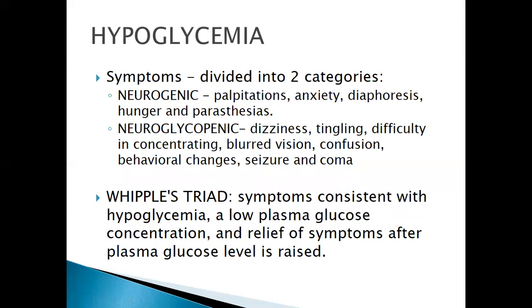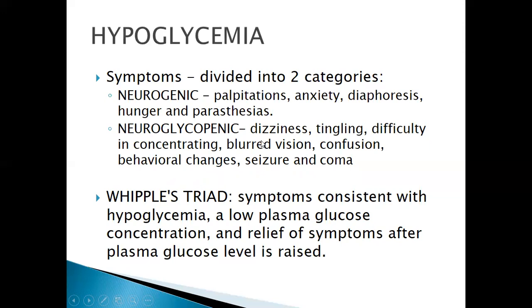Now, what I want to point out is that the diagnostic criteria for hypoglycemia should fulfill what we call Whipple's triad. So three criteria for us to say that the patient has hypoglycemia. First, symptoms consistent with hypoglycemia: the patient must have either neurogenic or neuroglycopenic symptoms.